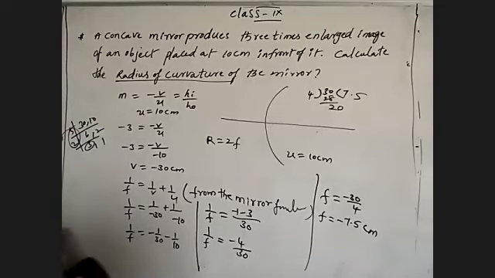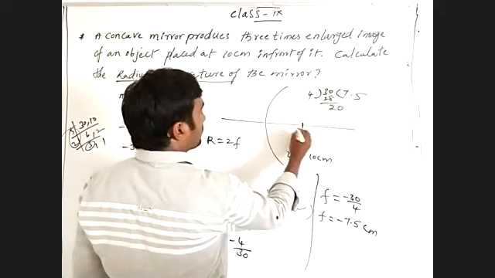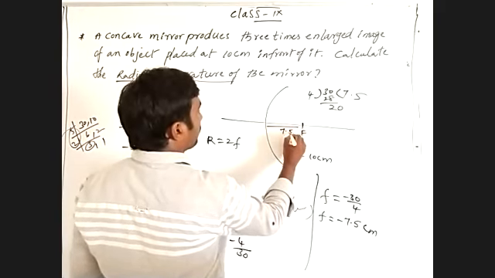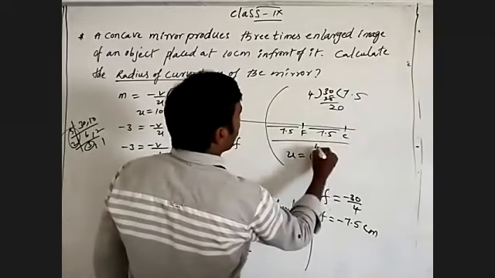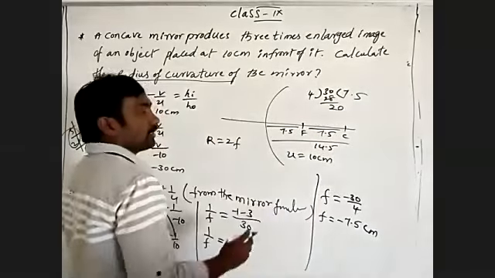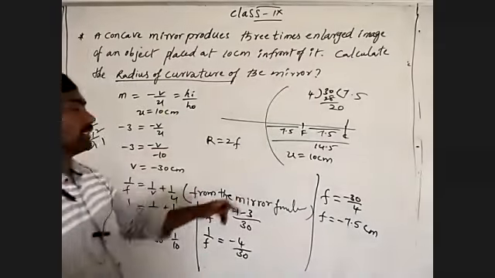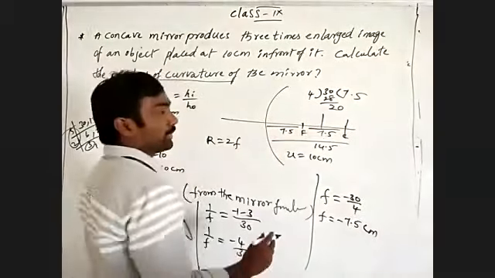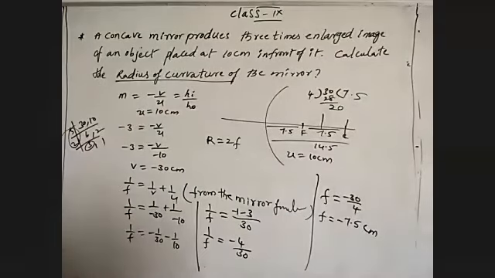See there, focal length is 7.5 centimeter, and the center of curvature is also at 15. Object is placed at 10, which means between the focus and the center of curvature. Between means image where? Beyond the center of curvature. Image should be beyond the center of curvature. That's why it is 3 times larger.